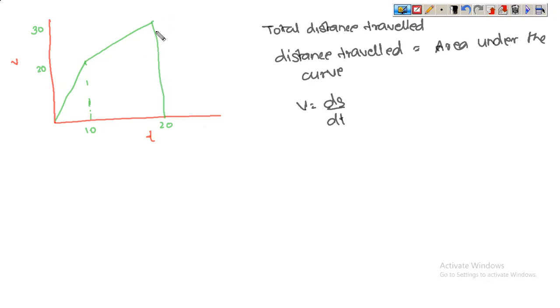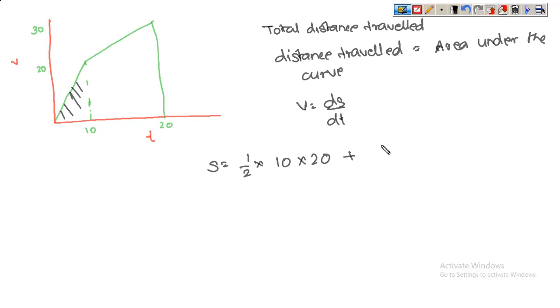So if you find out the total area, S for this is half into base 10 and this is 20. This is the area of this triangular portion. Now, the area of this trapezium is the sum of two sides multiplied by the base.